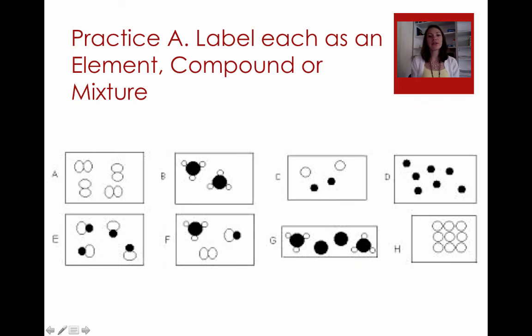What I'd like you to do is some practice. This is A, B, C, D, E, F, G, and H. So label practice A through H, and decide whether each is an element, a compound, or a mixture based on the particles here.